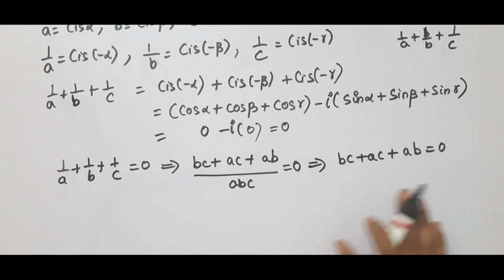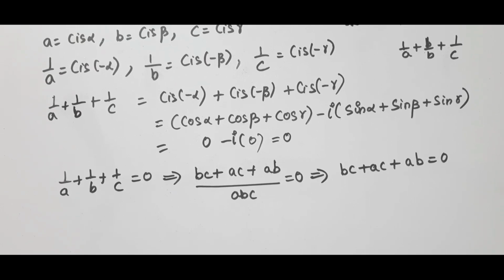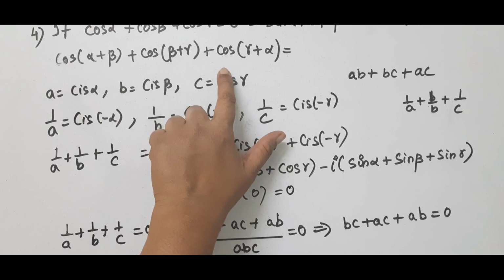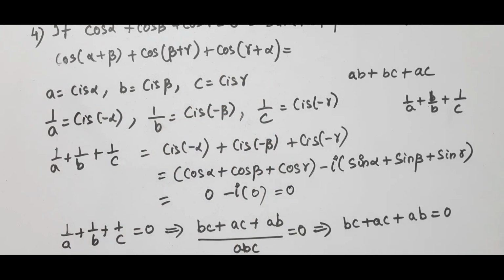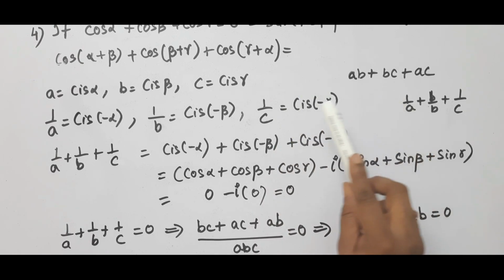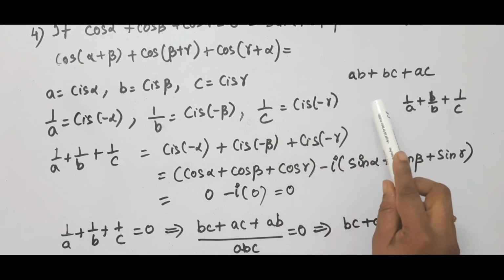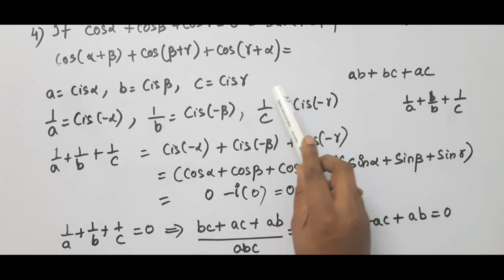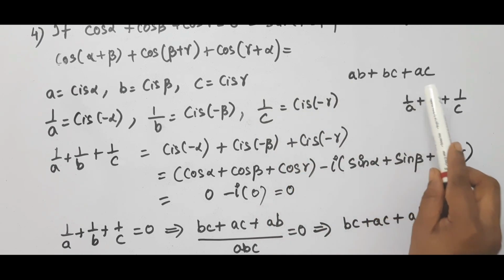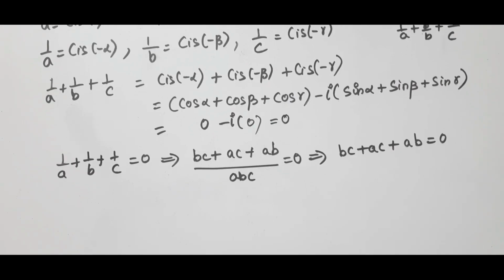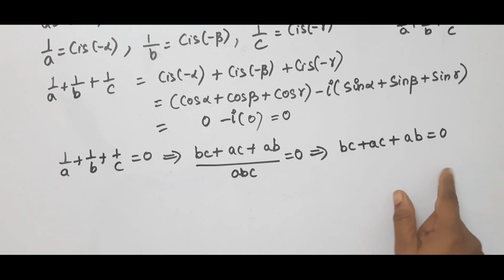We got the form of what they asked us to find, is it not? They asked to find cos of alpha plus beta plus cos of beta plus gamma plus cos of gamma plus alpha. Logically they gave a hint that you have to find the AB plus BC plus AC value, so that is what we have done here. Finally we got BC plus AC plus AB is equal to 0.